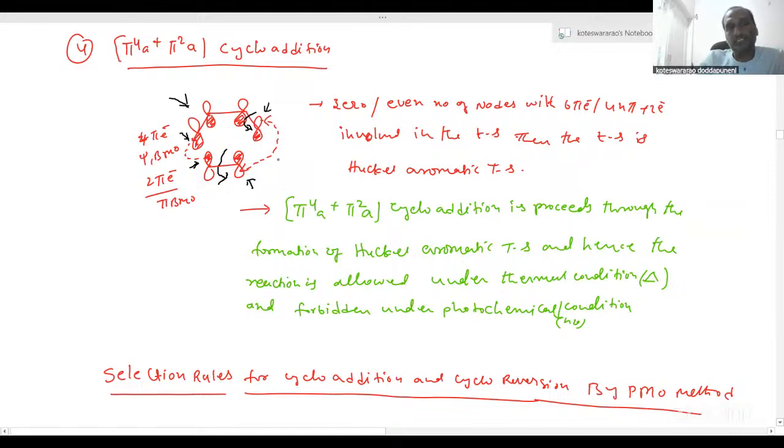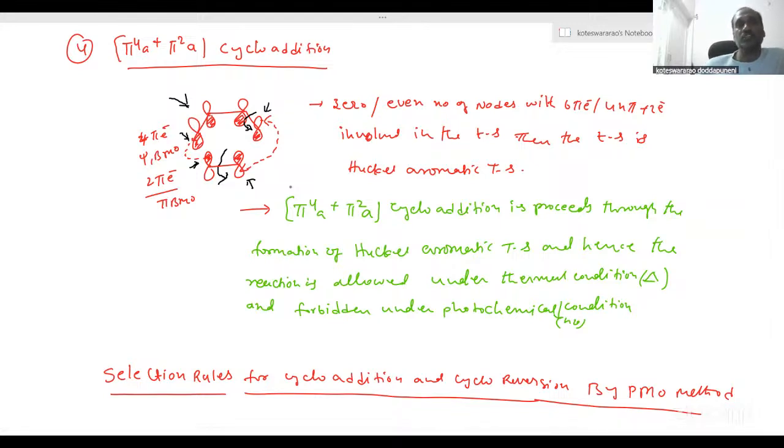Therefore, this pi 4a plus pi 2a is the higher energy reaction when compared to the pi 4s plus pi 2s reaction. Therefore, the Diels-Alder reaction is more commonly a supra mode of addition, not the antra mode of addition, because energetically it requires higher energy and it undergoes a geometrical change. Geometrical change means it undergoes CC bond rotation that leads to a change in the stereochemistry.